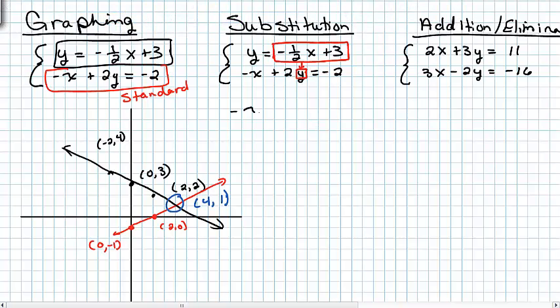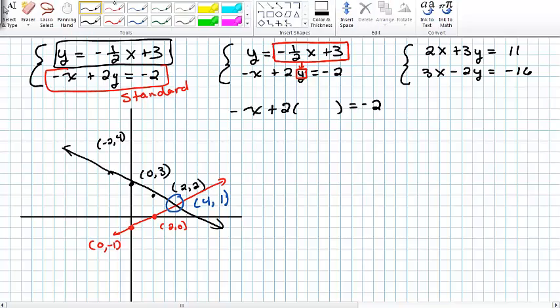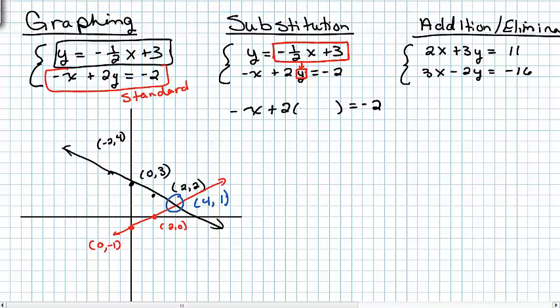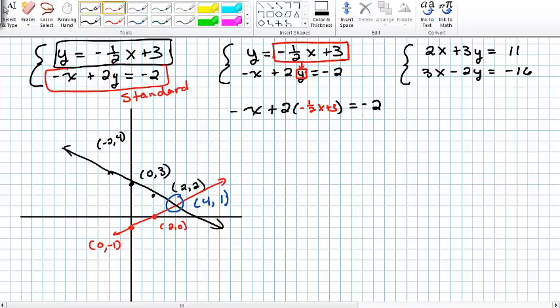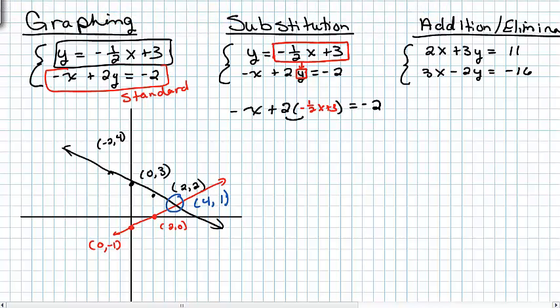So we'll have negative x plus 2 times what y is equal to, equals negative 2. Y is negative 1/2 x plus 3. So to solve this for x, the first thing I have to do is distribute this 2. We have negative x, and then 2 times negative 1/2 is negative 1, so that would be minus 1x, or minus x.